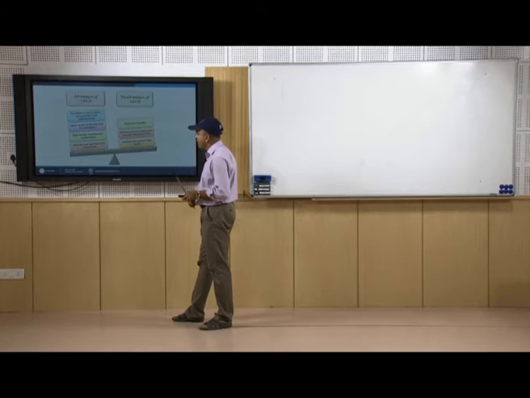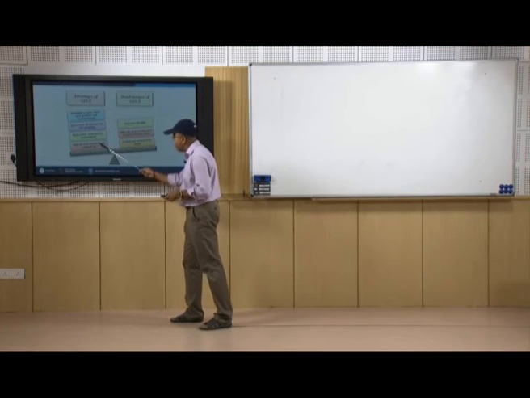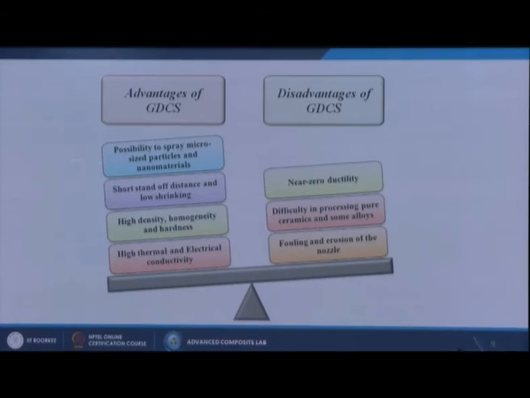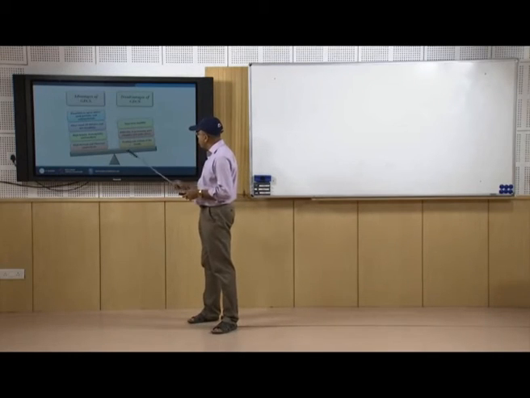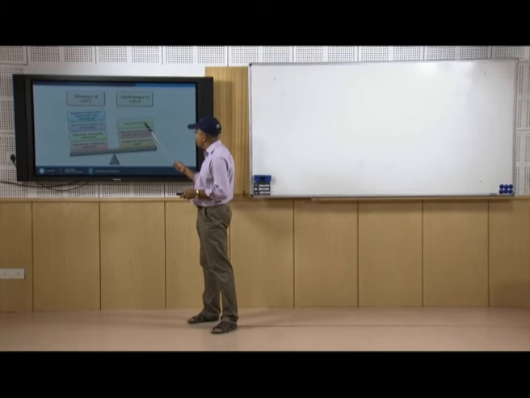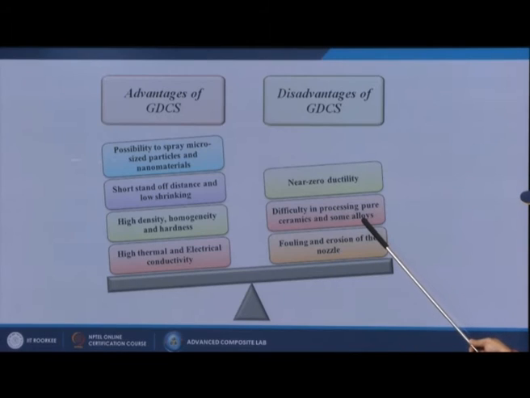High thermal and electrical conductivity can be achieved in this particular case, but of course certain disadvantages are also present. First one is that near zero ductility can be observed by these techniques. Difficulty in processing pure ceramics and some alloys. Fouling and erosion of the nozzle, because your particles are continuously coming through this nozzle.